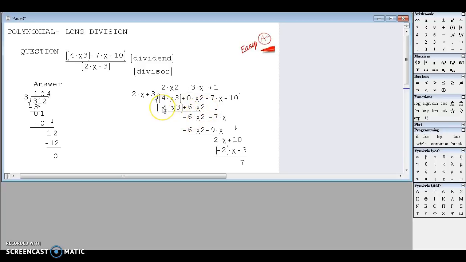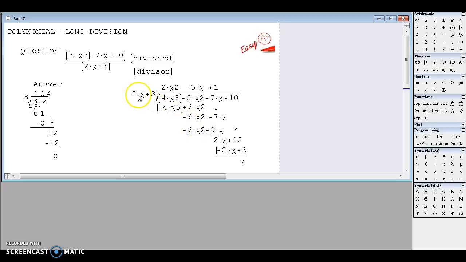Then after deriving these figures, you will have to subtract these figures from the figures above. So 4x cubed minus 4x cubed, that's 0. 0x squared minus 6x squared, then we have a figure of negative 6x squared. And then you do the same process all over again.